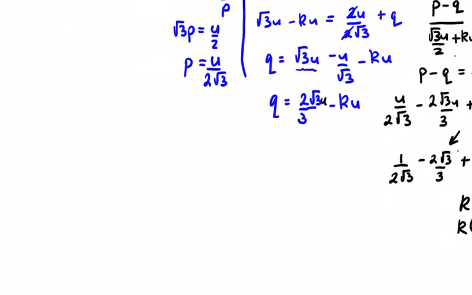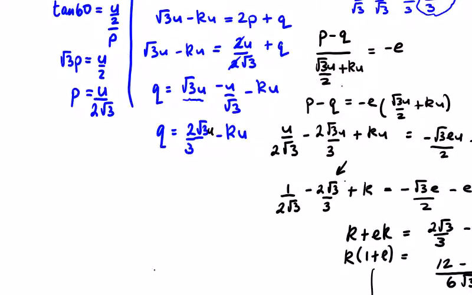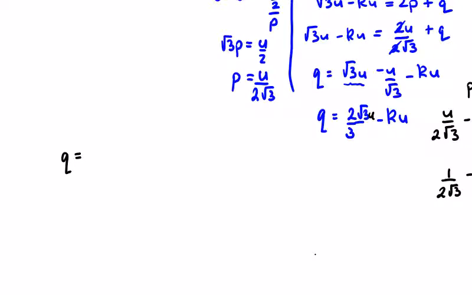So we have q here. Q is equal to, is that the easiest form of q that we have? I think it is. Yeah, just simplify from there. Q is equal to 2 root 3u over 3 minus ku. We have what k is.